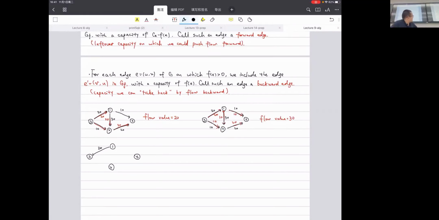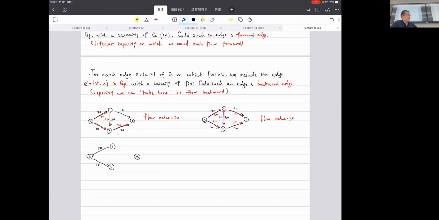So what about, for instance, the edge from S to 2? For the edge from S to 2, this is only a forward edge because f(e) equals 0. You don't even utilize that flow here, so you don't have any space to take back and make this a backward edge. So here you just have 10. But how about the edge in the middle, the edge 1 to 2? The original capacity is 30.